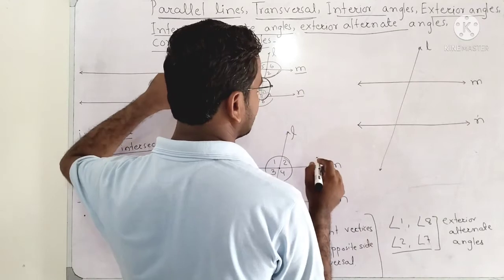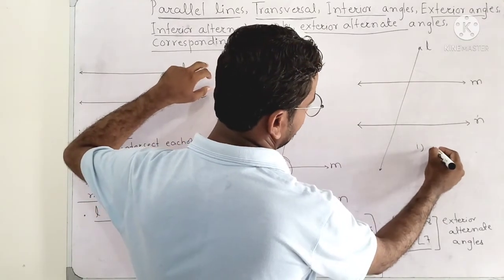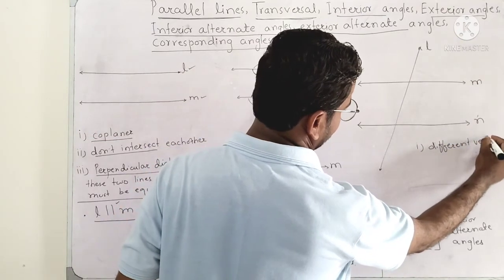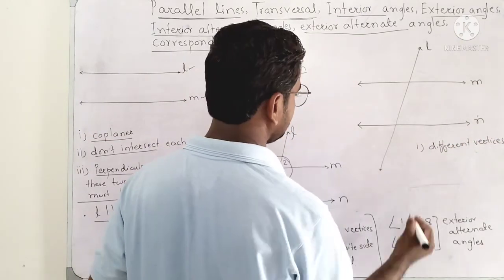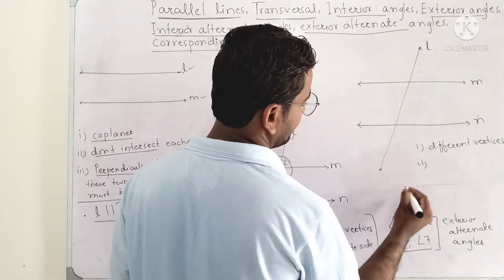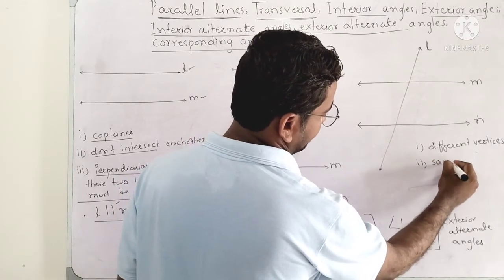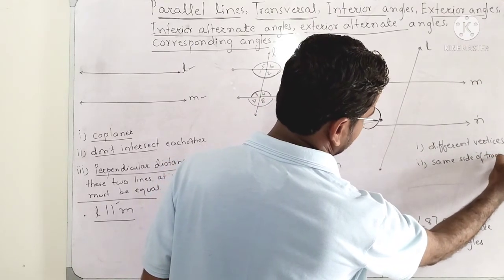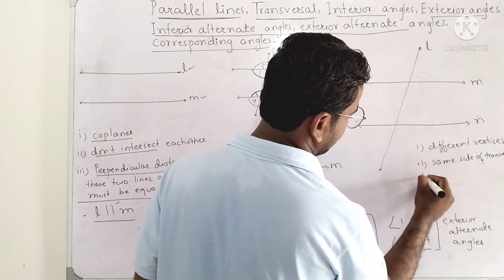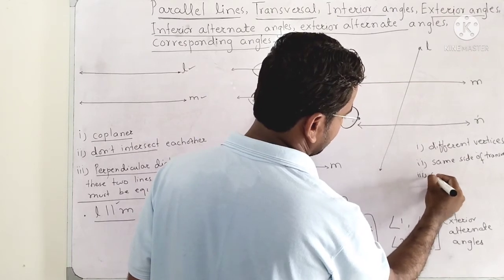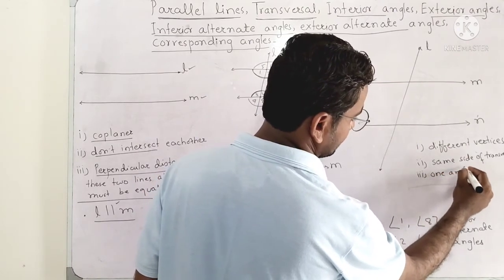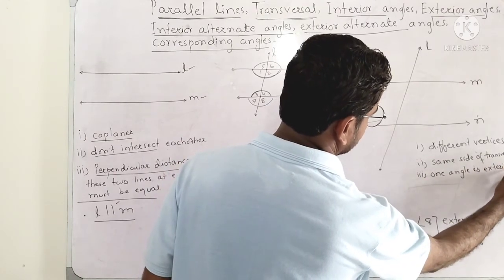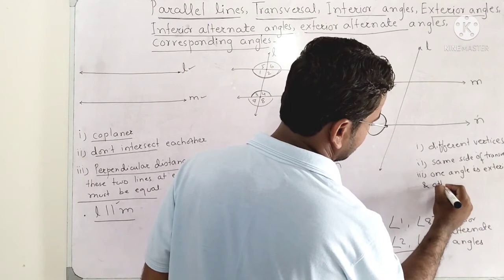So corresponding angles: number one, they must have different vertices; number two, they lie on the same side of the transversal; number three, one angle is exterior and the other is interior.